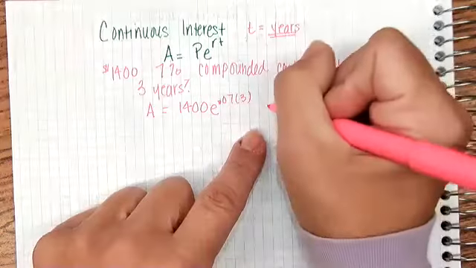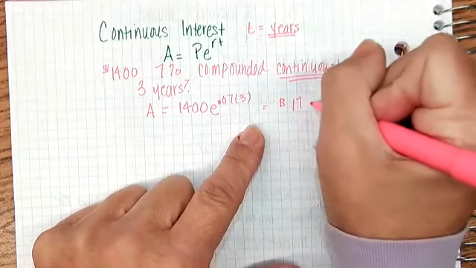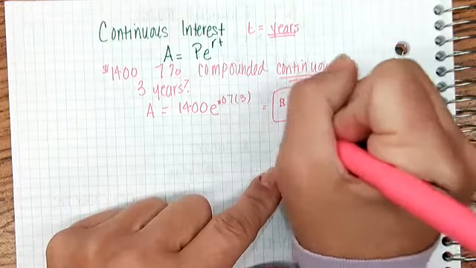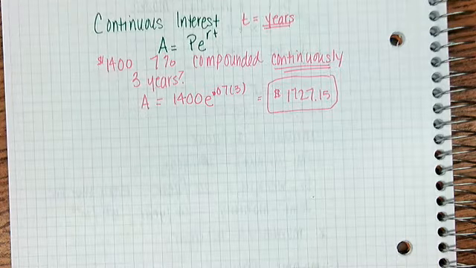Always round appropriately. So in this case, don't ask me what should I round to? With money, you always round to the nearest hundredth. So you're going to earn $327.15.